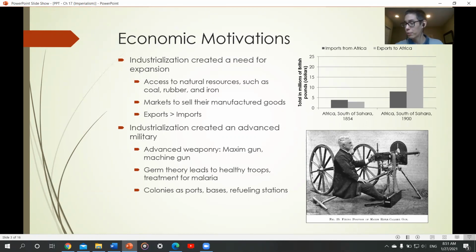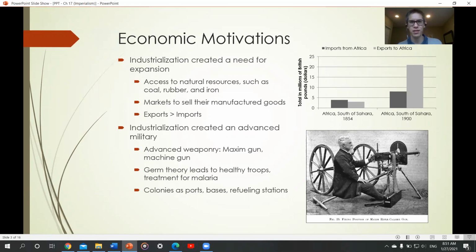But also the germ theory. The germ theory, hopefully you remember from chapter 14, I believe, was the discovery that tiny microbes called germs cause diseases. And if we treat those germs, we can stay healthy and recover and things like that. How does that benefit militaries? Well, militaries are able to keep their soldiers healthy, help out their wounded soldiers and get them back on the battlefield as quickly as possible.